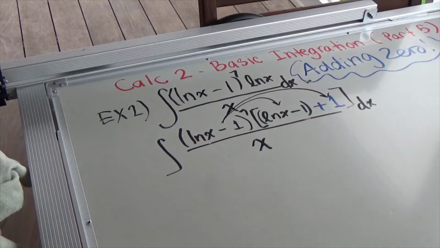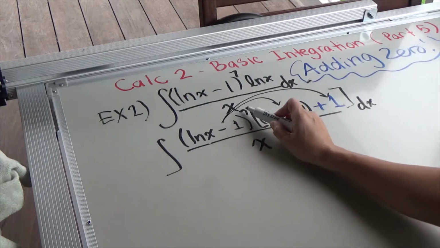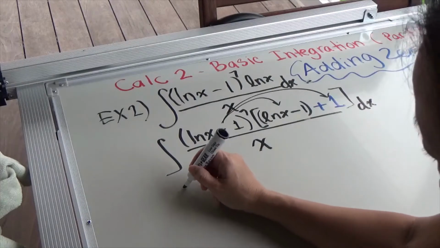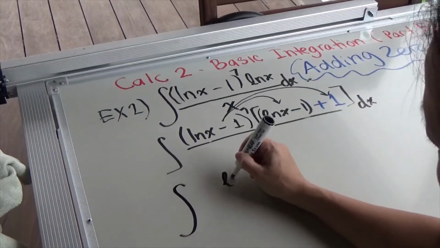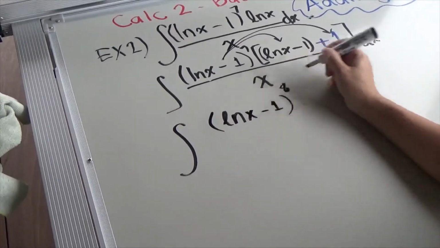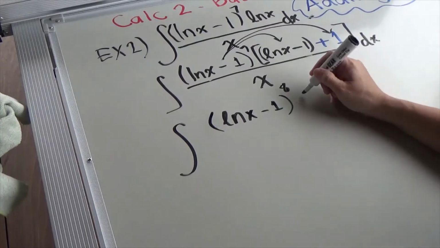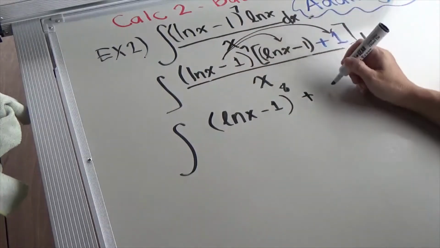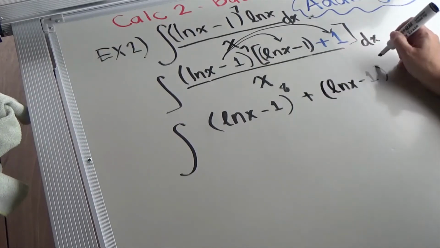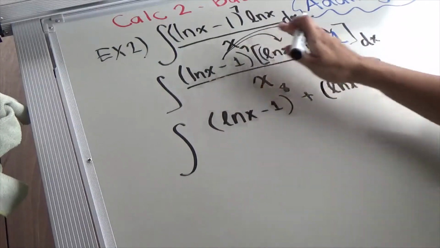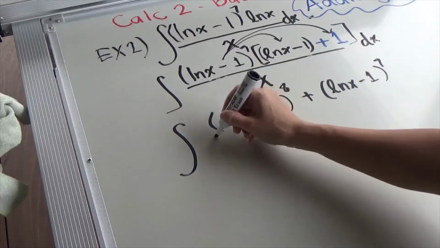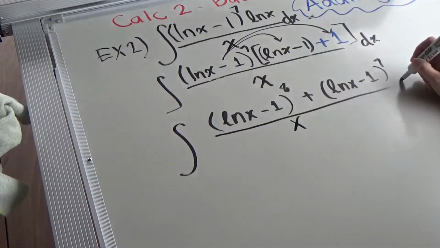So what do I have? ln of x minus 1 to the 7th multiplied by ln of x minus 1. That's one more. So really I have ln of x minus 1 to the 8th plus ln of x minus 1 to the 7th, because that multiplied by 1 is itself, all divided by x dx.